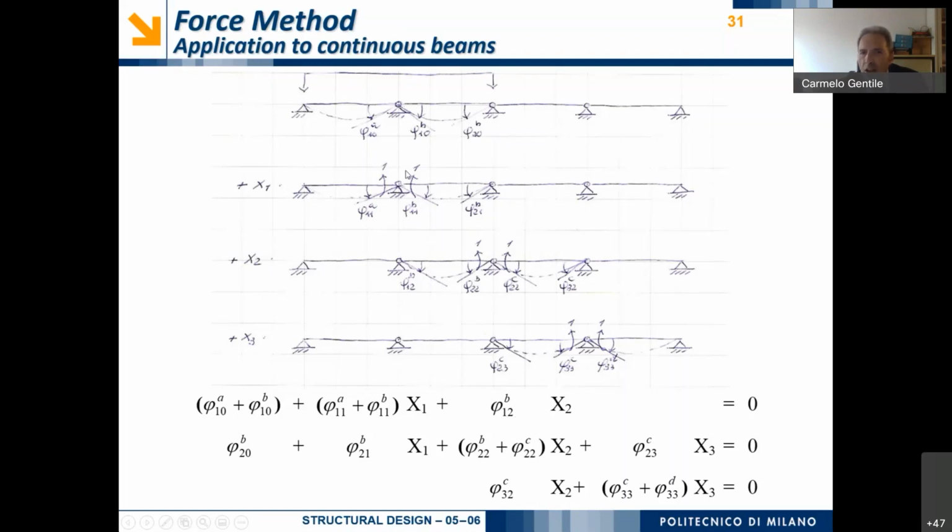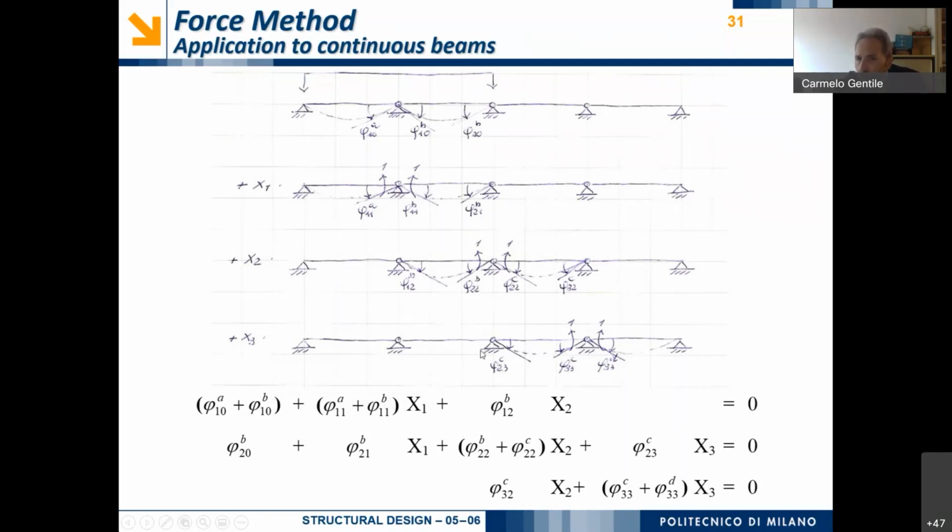Of course, the summation of these three series of rotations will be equal to 0. Why? Because there is not a hinge corresponding to this cross section, but there is continuity between the left hand side and the right hand side, and so the rotation of a continuous beam above an intermediate support will be continuous. This will be equal on the left hand side and the right hand side, so no relative rotation, and so this summation will be equal to 0.